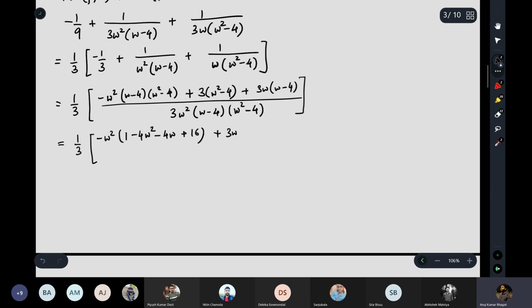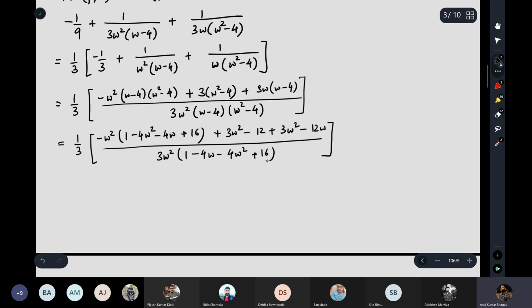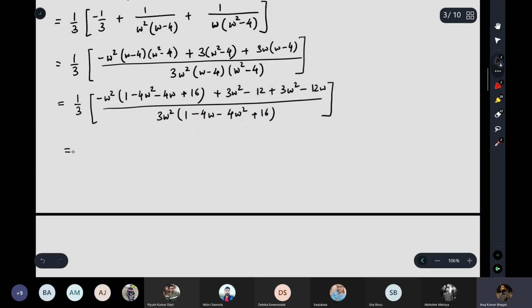This is 3 omega square minus 12 and this is 3 omega square minus 12 omega, divided by 3 omega square. Again you multiply these 2, so this will be omega cube, which is 1, minus 4 omega minus 4 omega square plus 16. Okay, now you see what I'll do.